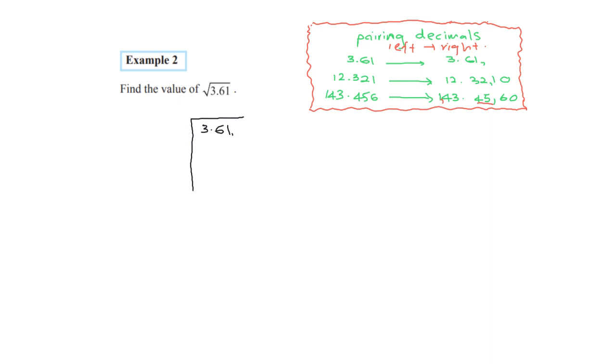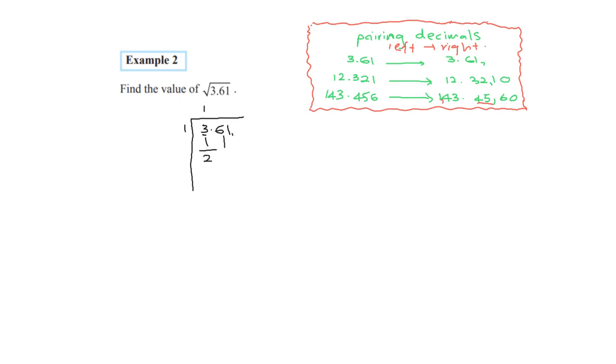Then we have to check the first number, which is the most closest square number to 3, that is 1. You put 1 there. 1 into 1 makes 1. You have remainder 2.